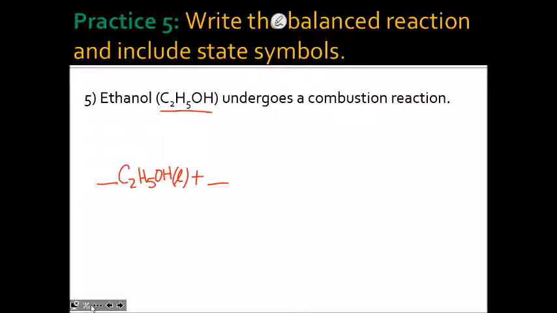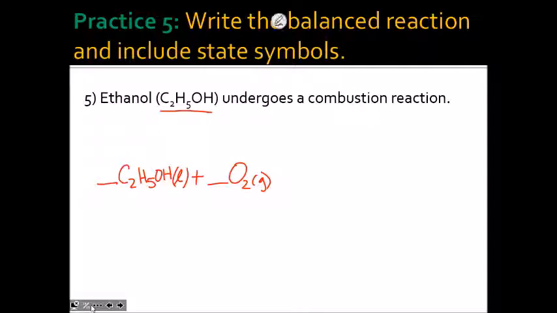For combustion, always need this reactant. What's that reactant? Yes, it is O2, oxygen. Oxygen is one of those diatomics, and oxygen is like 19% of our air, so it's in constant supply for combustion reactions.